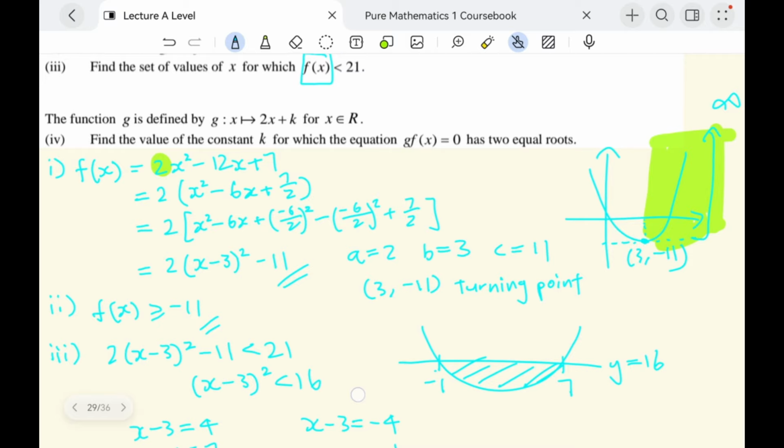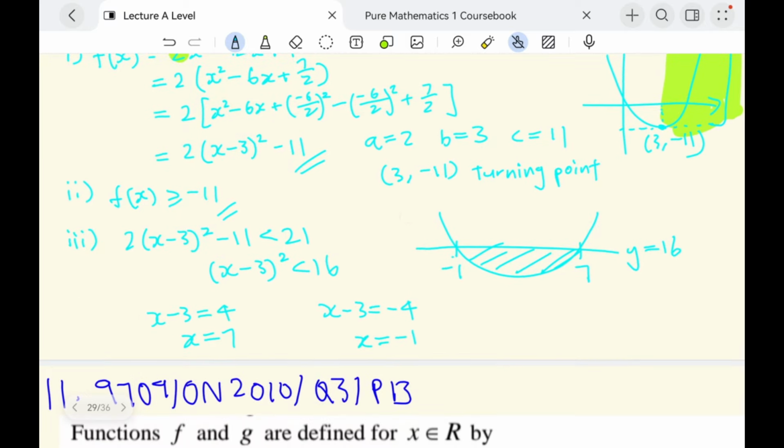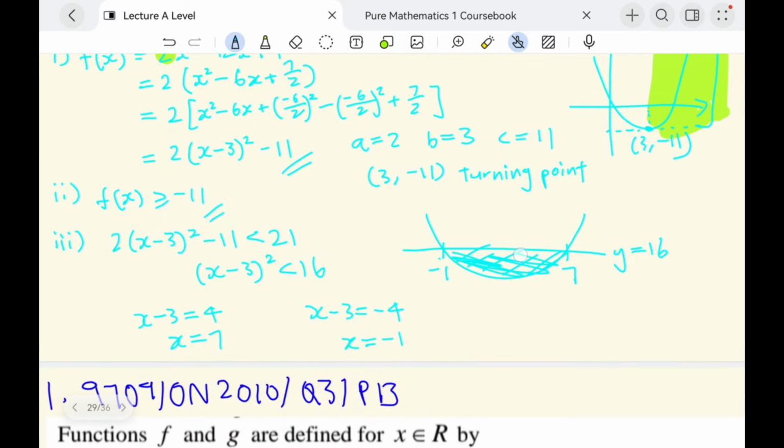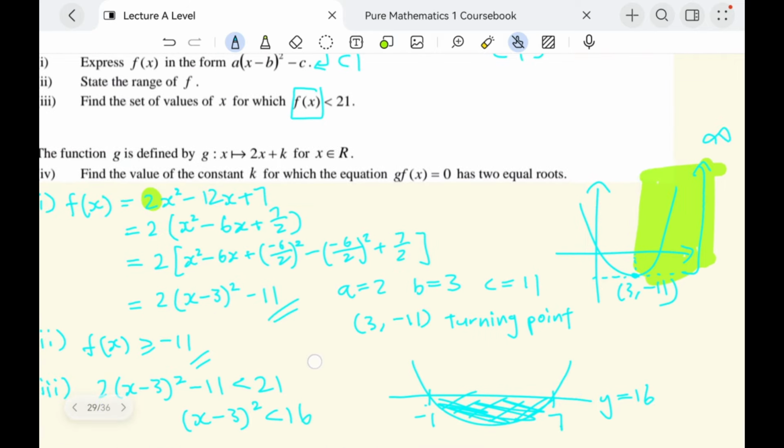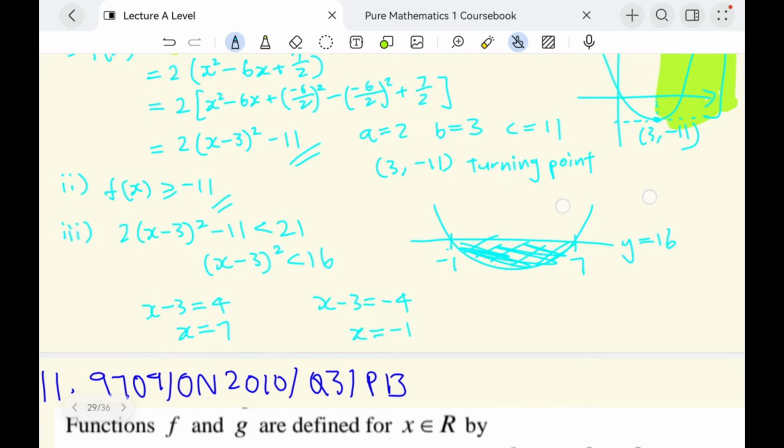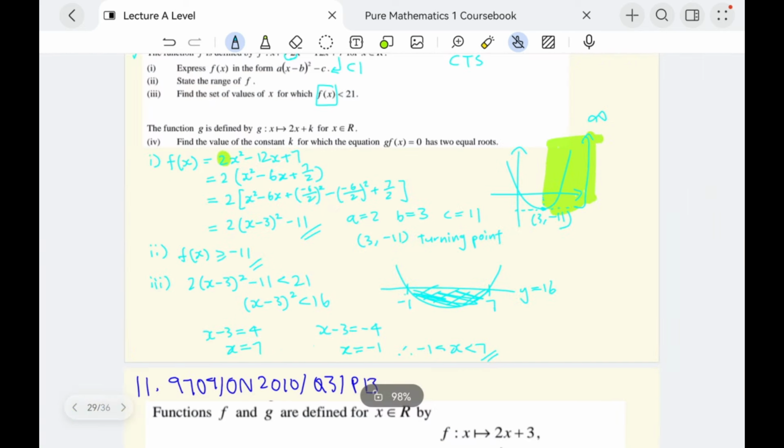And for this question, it wants you to find the set of values, so you must get this range. So your final answer should be: set of values of x from -1 to 7. So this is the answer.